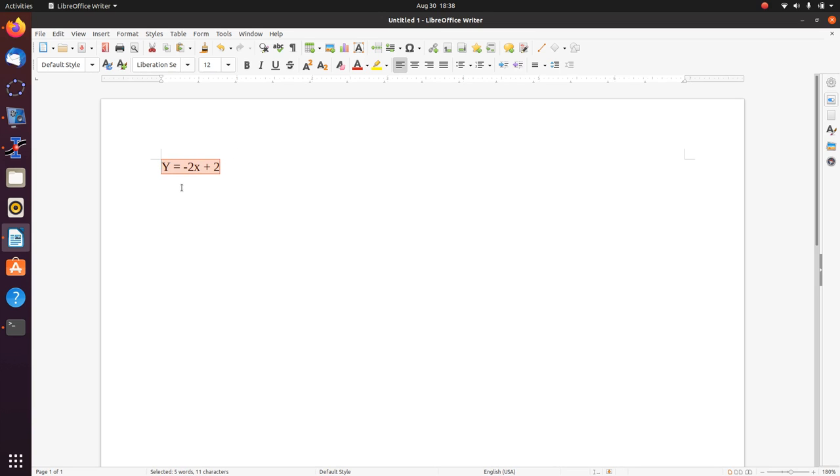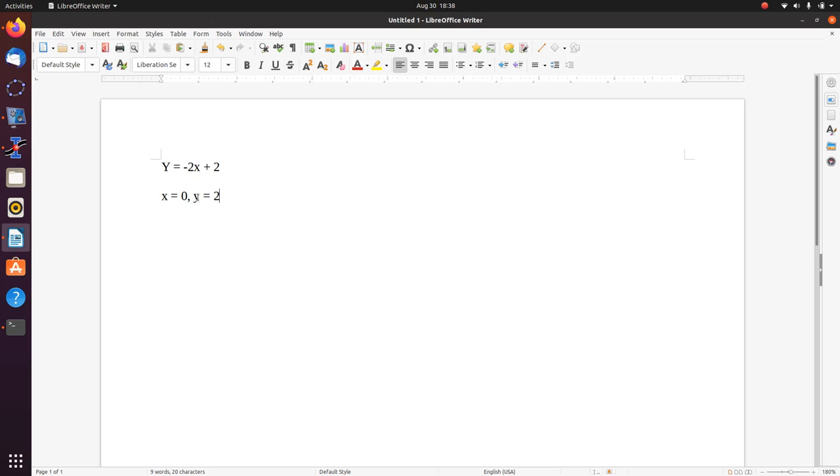And we can start finding points in this function. For instance, let's say x is equal to 0. Well, if x is equal to 0, then I plug in 0 here for x. -2 times 0 is 0 plus 2. So y would then be equal to 2 in this case.